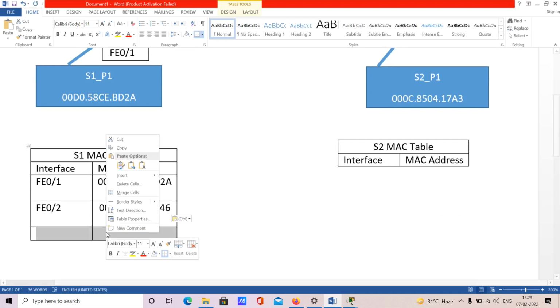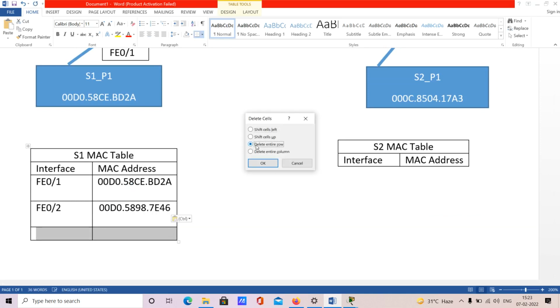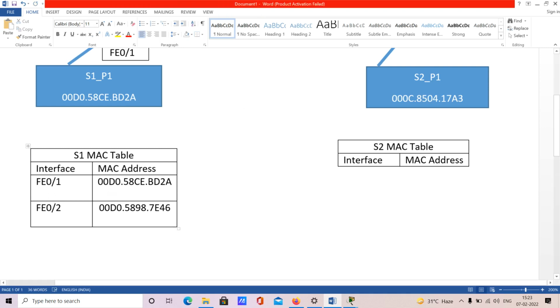Fine. So this is how the MAC addresses are added in a table. MAC table में इस तरीके से एंट्रीज आती है. So this is of S1.